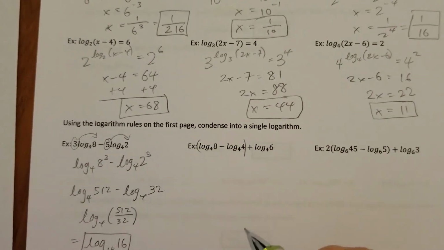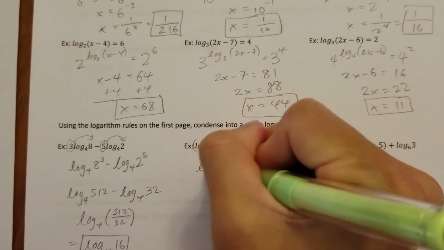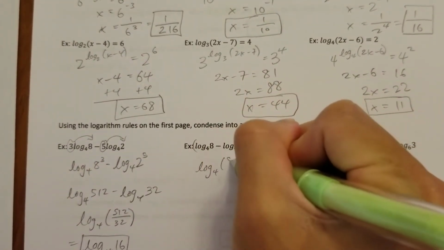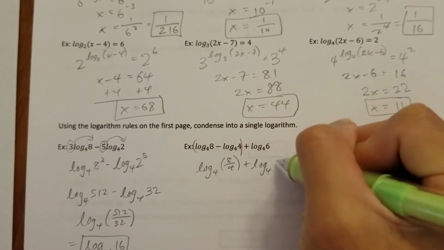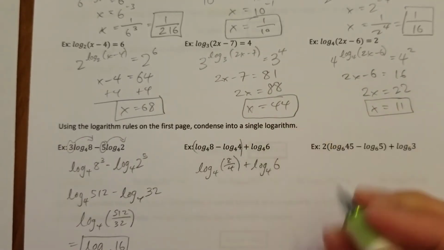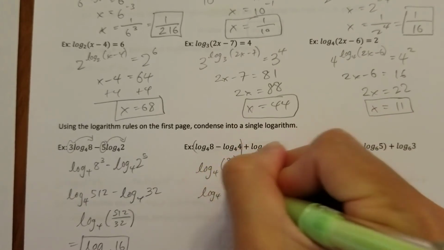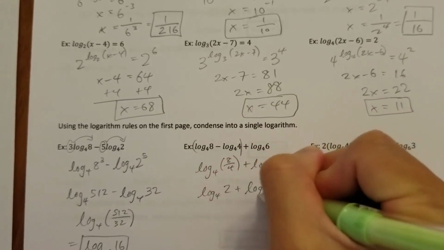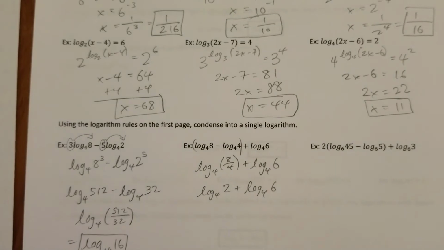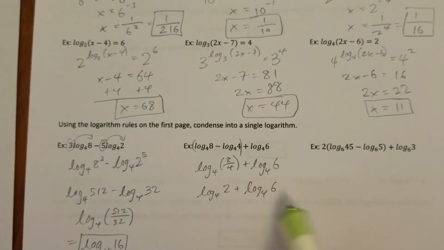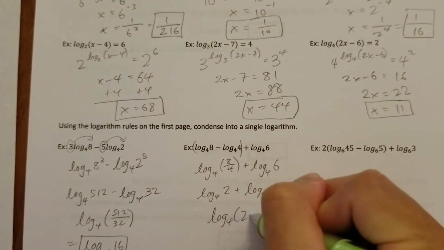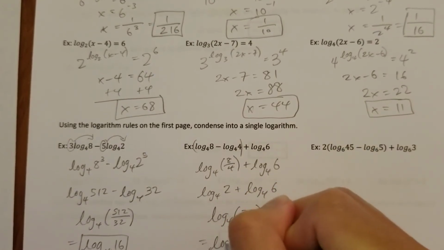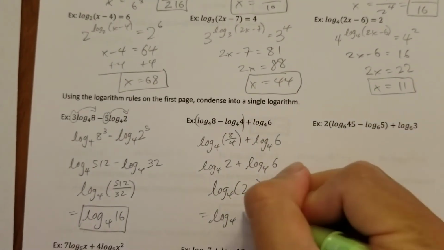We have log base 4 of 8 divided by 4 plus log base 4 of 6. 8 divided by 4 is log base 4 of 2, plus log base 4 of 6. Now this becomes a multiplication, because this is log base 4 of 2 times 6. This is log base 4 of 12.